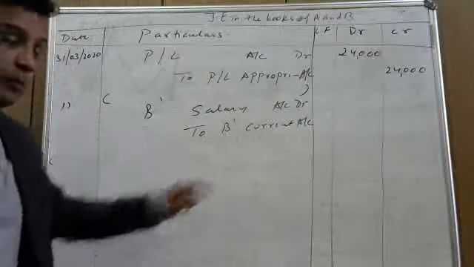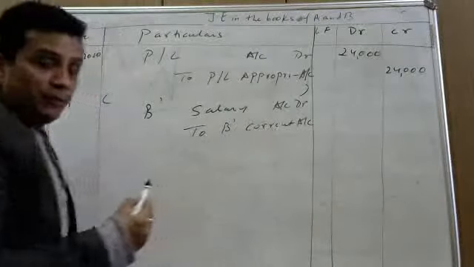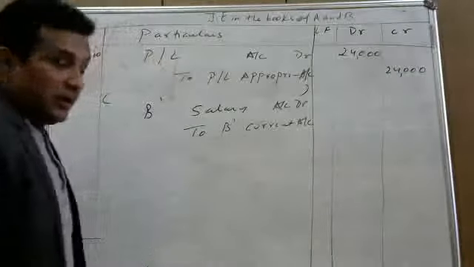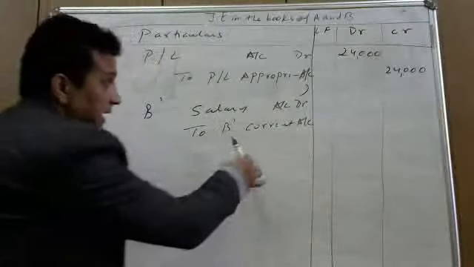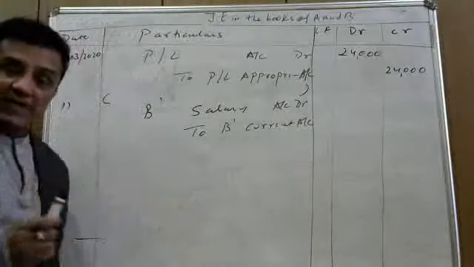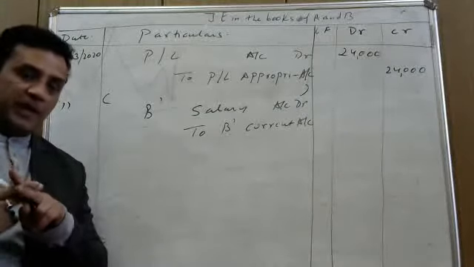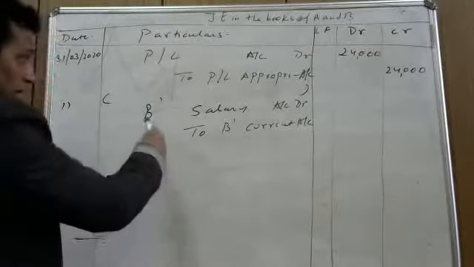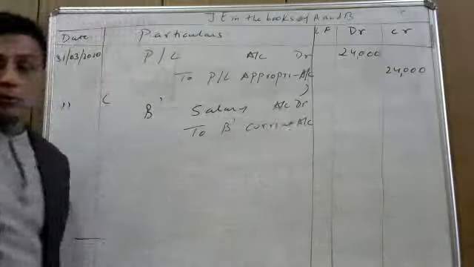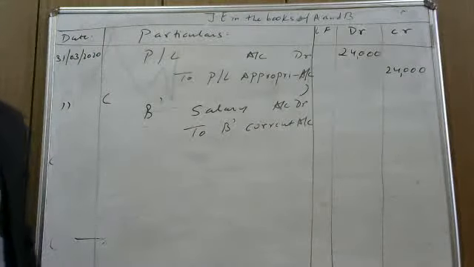Under the fixed capital method, I told you we need to open a current account. We cannot say B's capital account. We have to open a new account called current account, because under the fixed capital method we need to prepare two accounts: the first is the fixed capital account and the second is the current account. So the entry is B's salary account debit to B's current account.